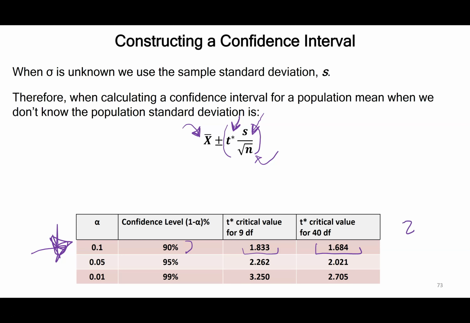You'll notice z-star is equal to 1.645. The higher our degrees of freedom get, the closer and closer t-star is going to get to 1.645. T-star is always going to be at least a little bit bigger than z-star. That's how it works because of the thicker tails.